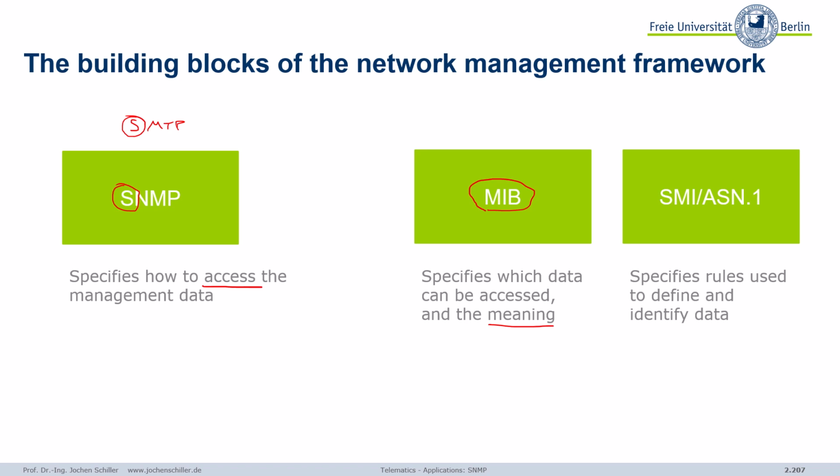For example, if a router has no mechanism, no hardware, no software, no drivers to access the buffer fill status, then this cannot be reflected in the Management Information Base. But if the router manufacturer has all the capabilities to read out the buffers, then this information can be stored in the Management Information Base.